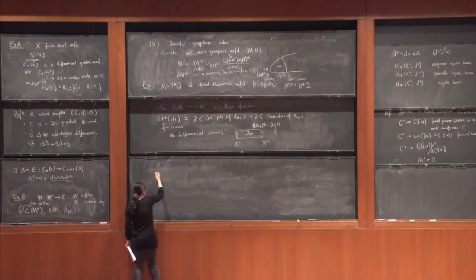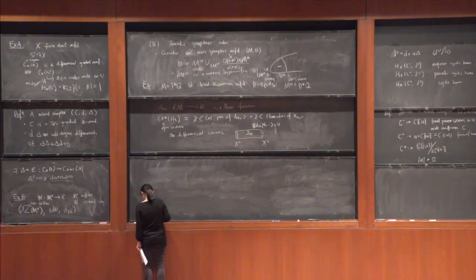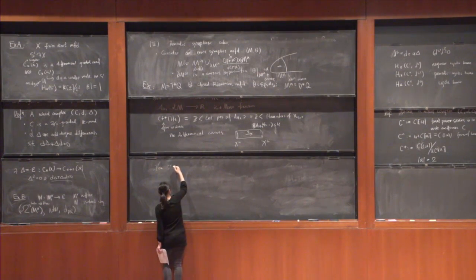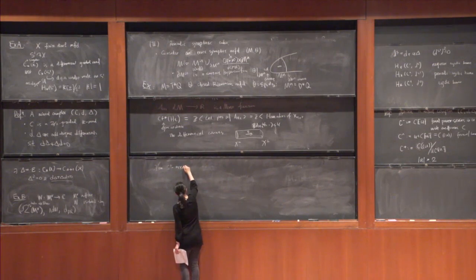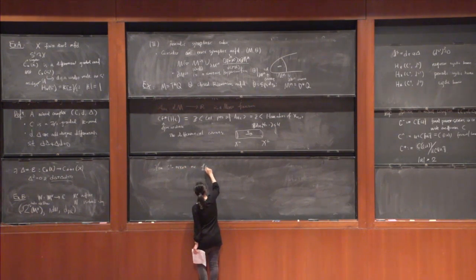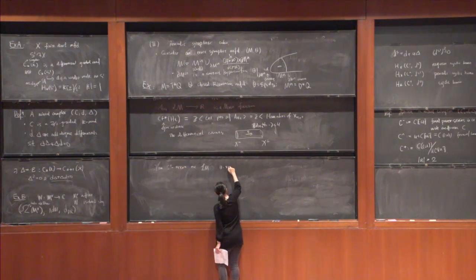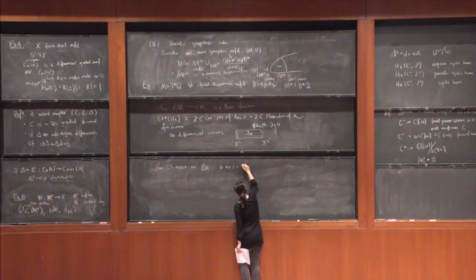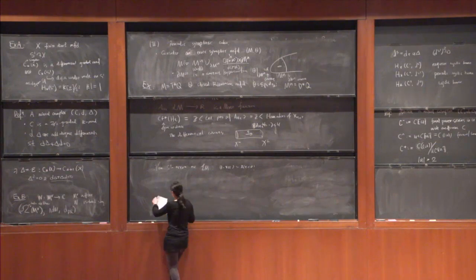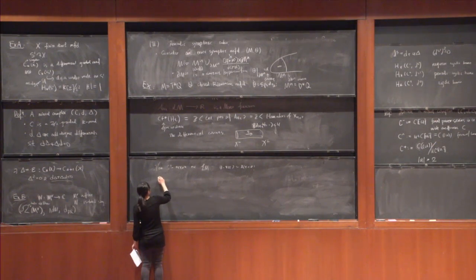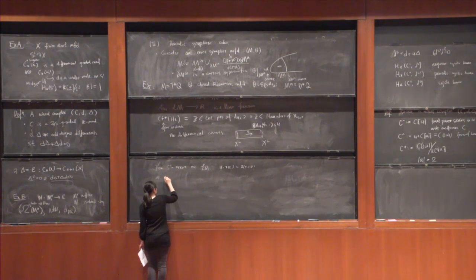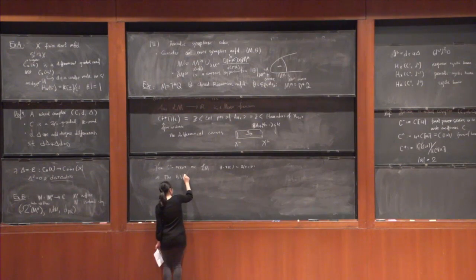So you can define an S1 action on the free loop space by just rotating the loops. I want to capture this action by an operator called delta. In this case, it's the BV operator.